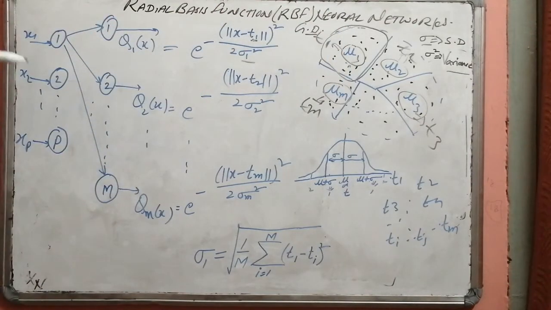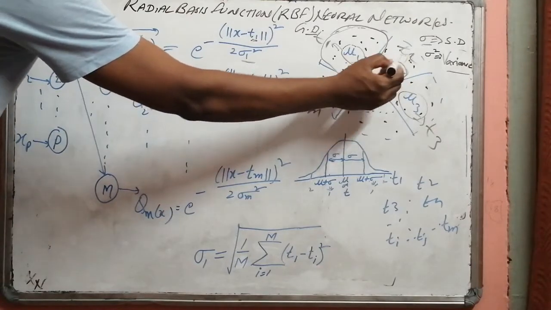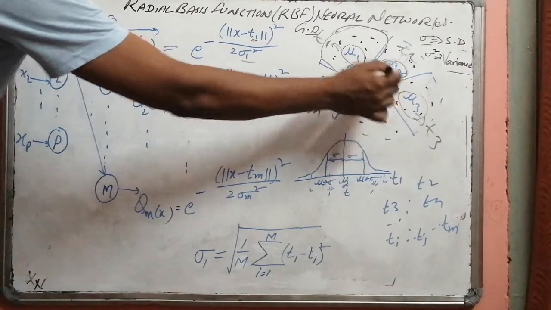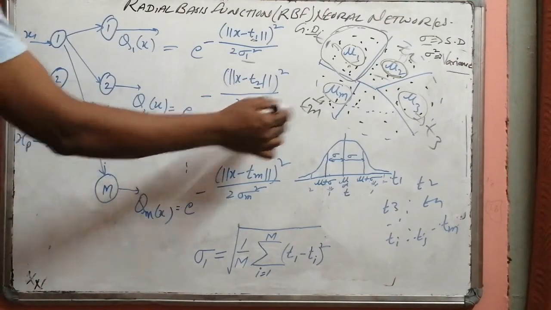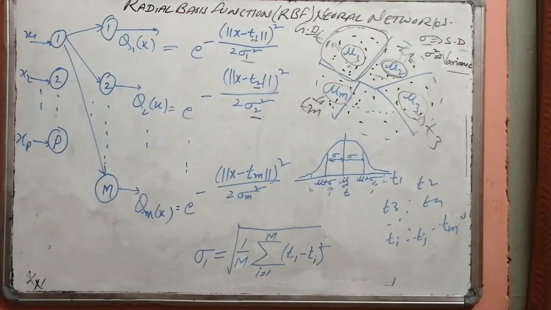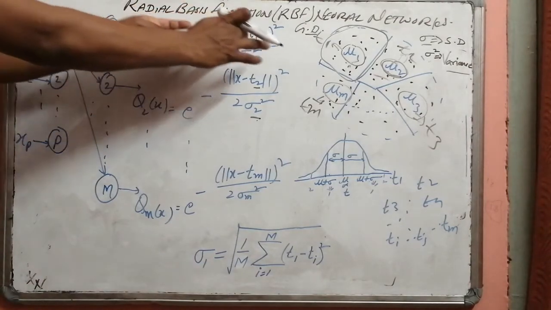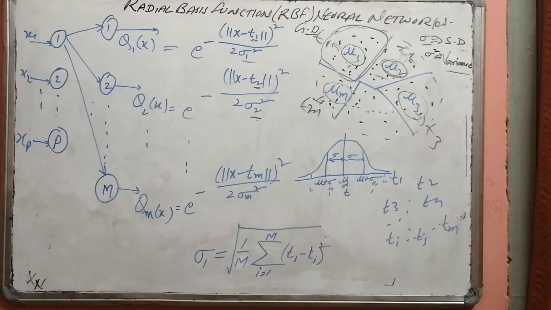On the same lines, for cluster number 2, its mean was mu2, which has now become the receptor for this cluster, and its variance, found by just squaring the standard deviation, is given by sigma 2 square. In this way, all these Gaussian functions are to be evaluated.